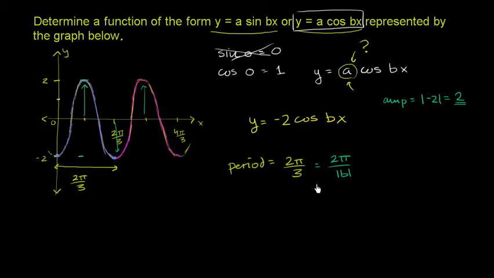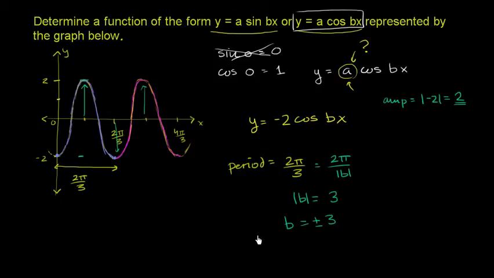You can multiply both sides by 3 and the absolute value of b, and you will be left with the absolute value of b is equal to 3, which means that b could be equal to positive or -3. And so you might say, well, Sal, what do I use? Does b equal positive 3 or negative 3?